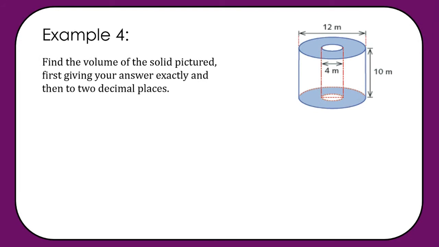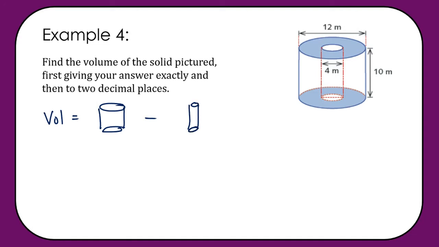So thinking about this example, we actually have a large cylinder with a smaller cylinder removed from the middle. So we've got to think about the fact that our volume is going to be the big cylinder minus the smaller cylinder.